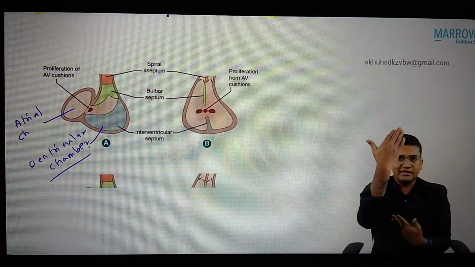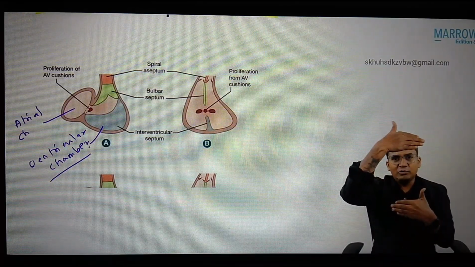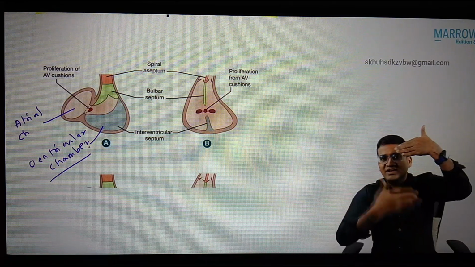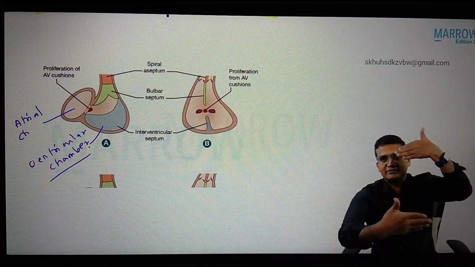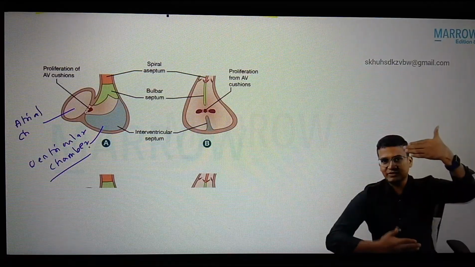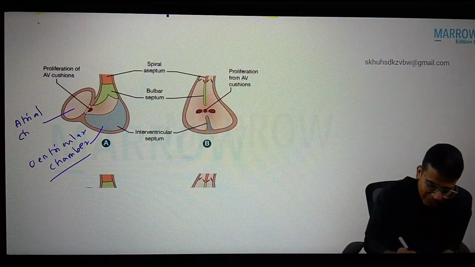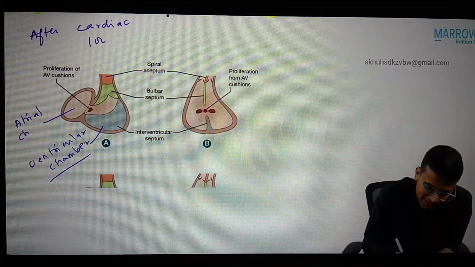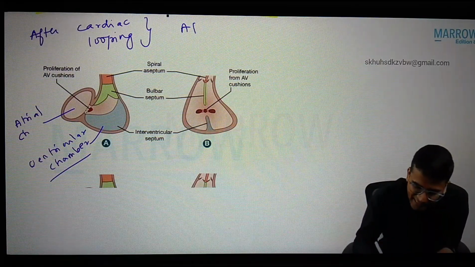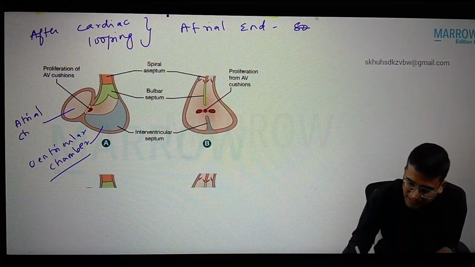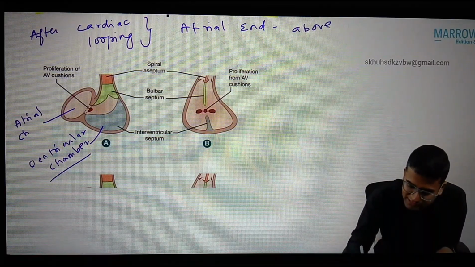The atrial end is here. This is the ventricle end. After the cardiac looping, the atrial end goes above and lies behind. The ventricle end is below and in front. The looping will be like this. So after the cardiac looping, the atrial end is present above and behind the ventricle end.